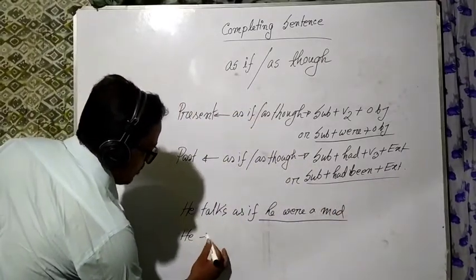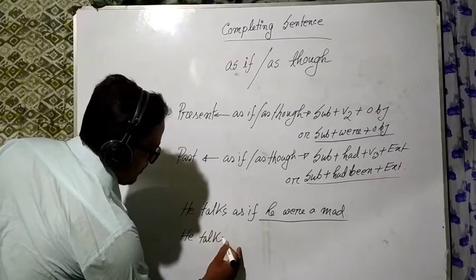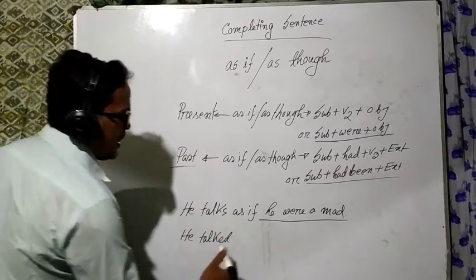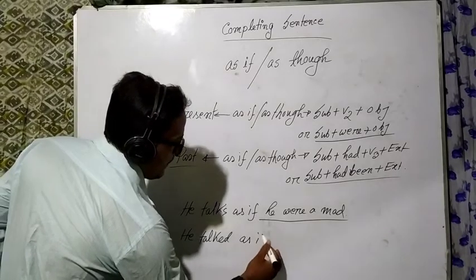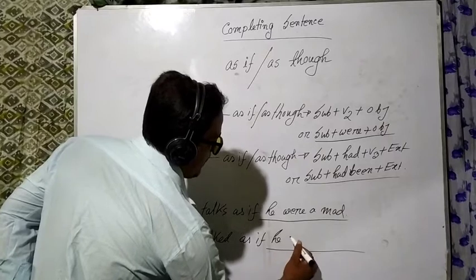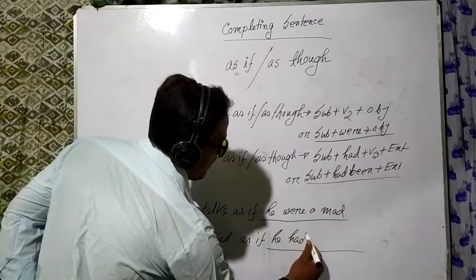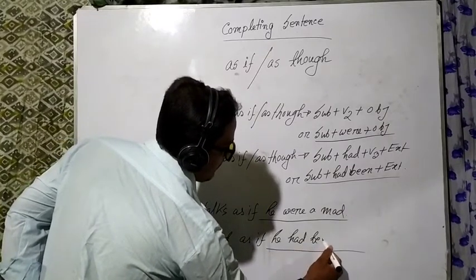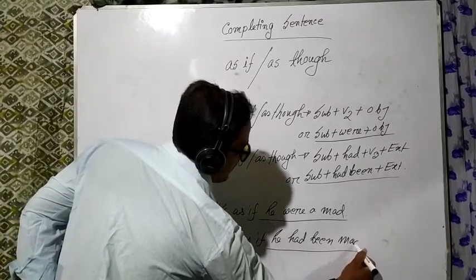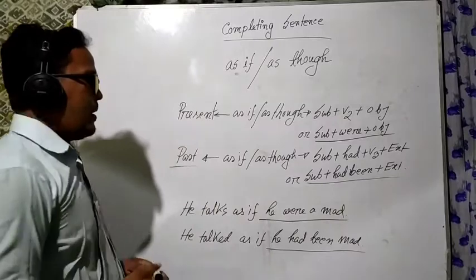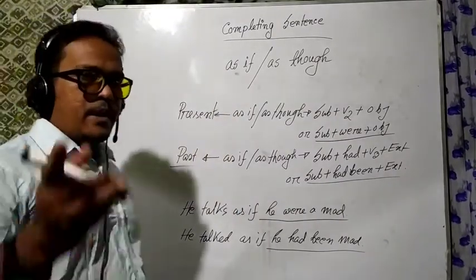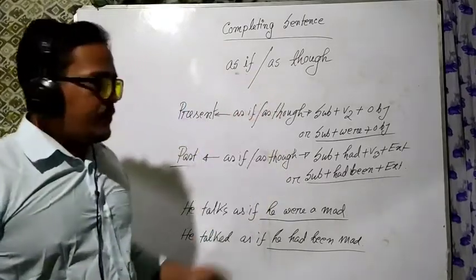He talked. First clause will be past tense. He talked as if subject plus had been plus object or extension. Okay, I hope you can understand easily, and you have to practice also such type of exercise from your textbook.